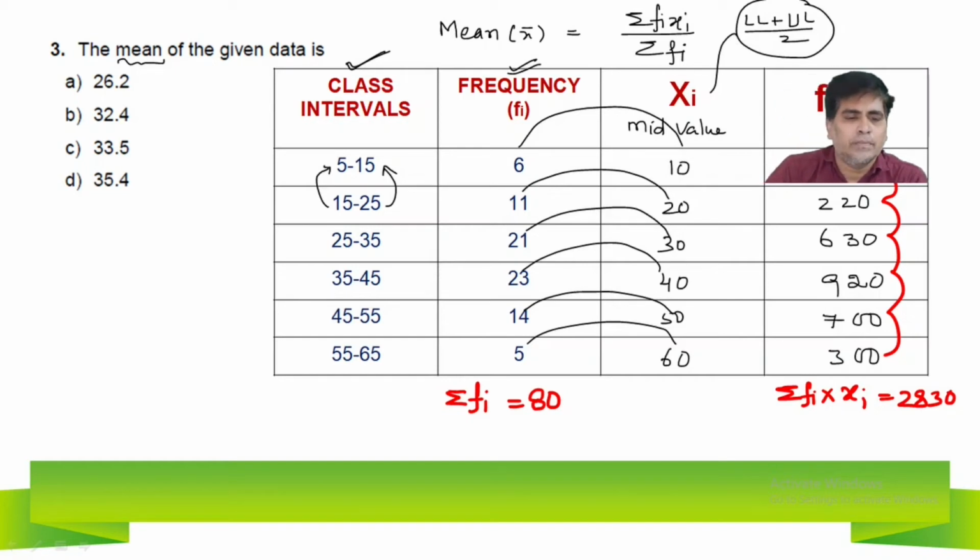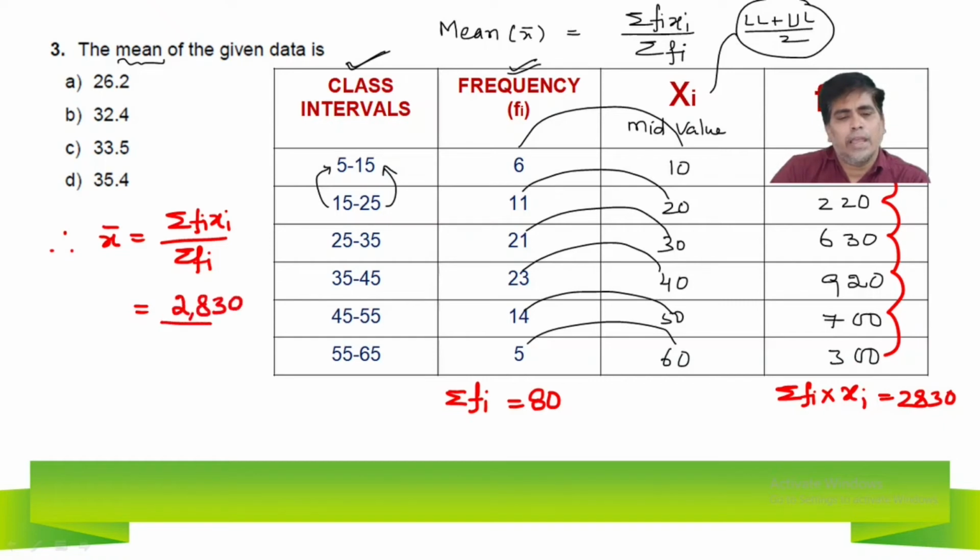Therefore I can calculate the mean. So mean x bar is equal to sigma fi xi by sigma fi, that is nothing but 2830 by 80. I can clearly cancel this 0 and 0. So whatever is left, 283 divided by 8.